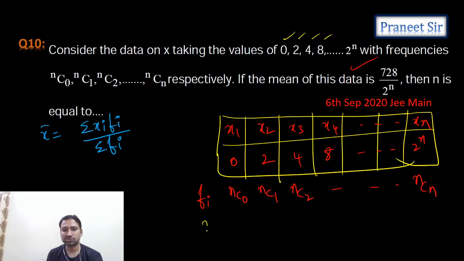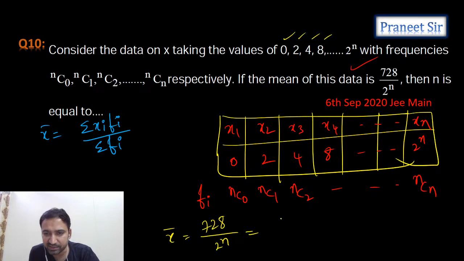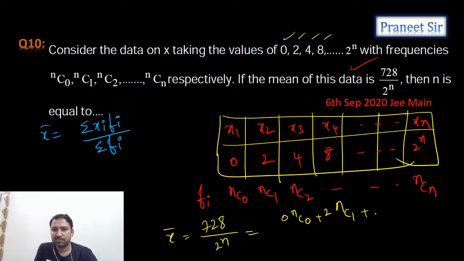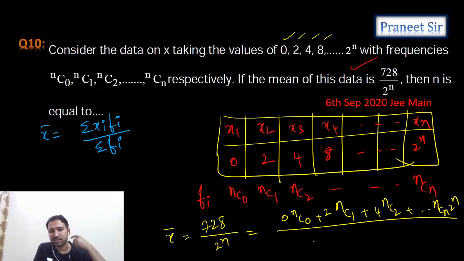X bar is equal to 728 by 2 power n, which is sigma xi into fi: 0 into nc0 plus 2 into nc1 plus 4 into nc2 plus and so on up to ncn into 2 power n, divided by the sum of the frequencies.